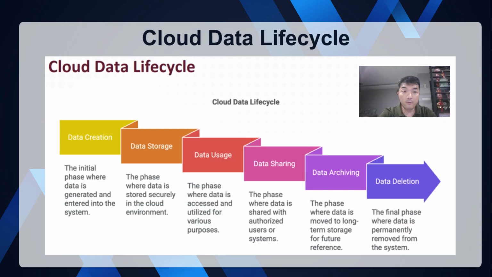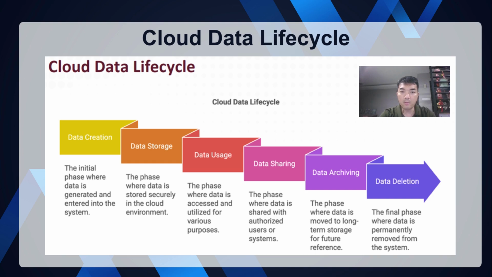So let's have a look at this cloud data lifecycle. We have data creation, which is the initial phase where data is generated and enters into the system. Phase two is data storage, the phase where data is stored securely in the cloud environment. The third phase is data usage, whereby data is accessed and utilized for various purposes.